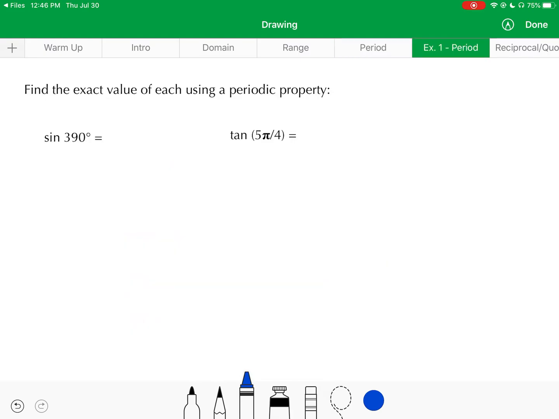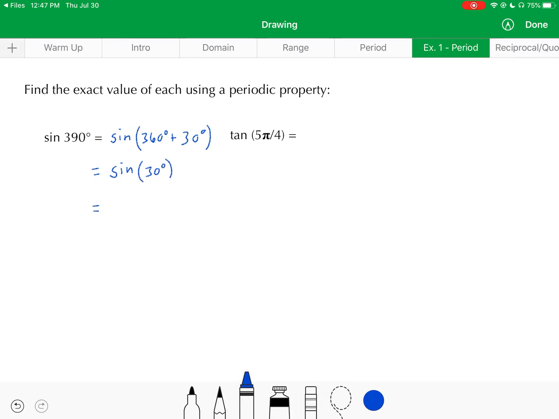All right. So let's see these properties at play here. Knowing your periodic properties can help you in evaluating trig functions of larger or smaller angles. Okay. So sine of 390 degrees, I know that sine has a period of 360, or 2 pi. So I could rethink of this as sine of 360 plus 30 degrees, okay, which really means this is just equivalent to sine of 30 degrees.